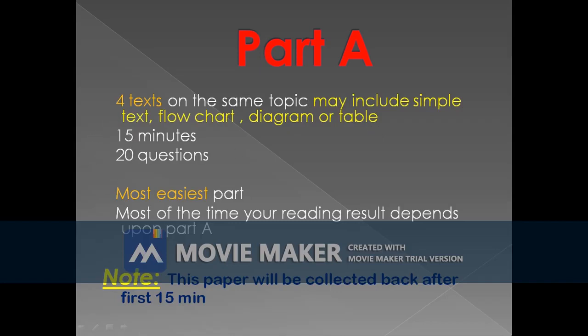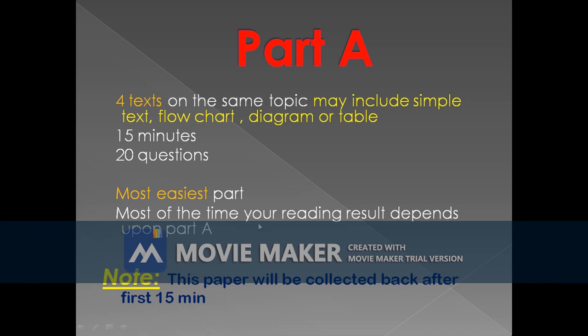So guys, keep in mind part A is the easiest part of the reading subtest, but what is the important thing which matters? It is time. Time is the most important thing which matters a lot in reading part A, although it's the easiest part of the exam.